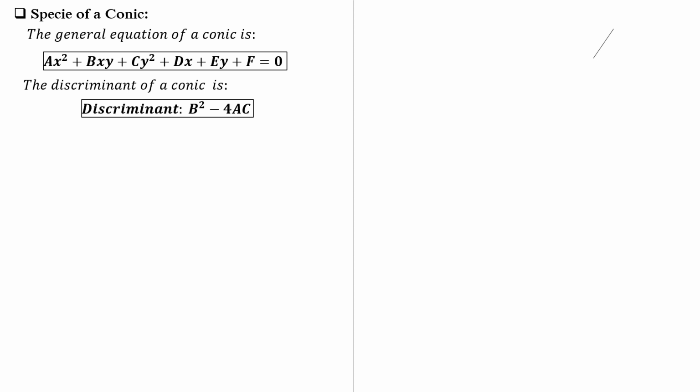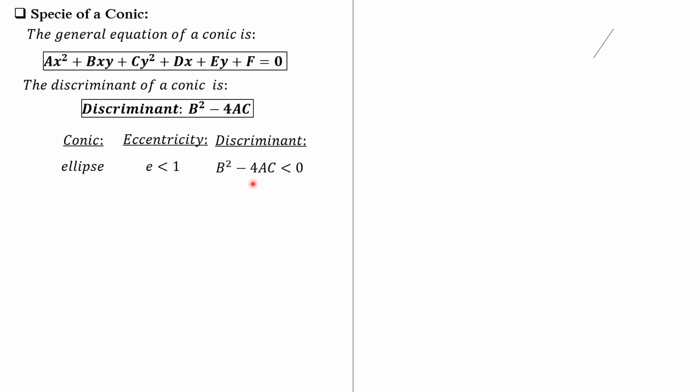So to generalize, we have here a conic, then its eccentricity, then the discriminant. For an ellipse, the eccentricity is less than 1, and therefore the discriminant is less than 0. Eccentricity is compared to 1, discriminant compared to 0.